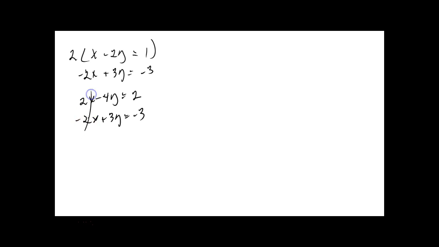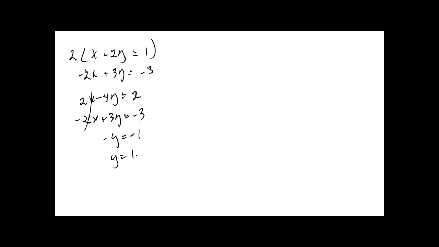Add the two together, and you get negative y is equal to negative 1. And what will y be then? It's pretty easy. Say again? 1. Y is equal to 1.